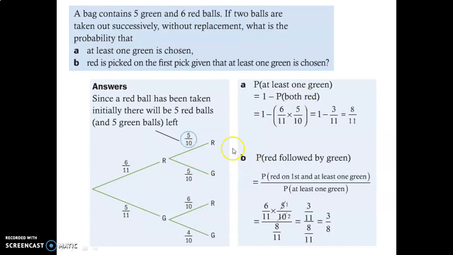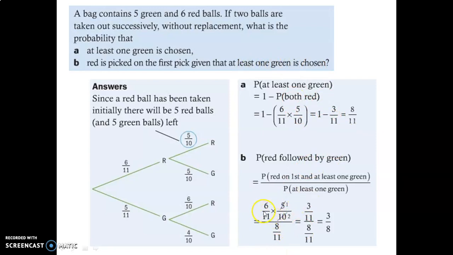And question B is an important one. We're looking at picks a green given that at least 1 green is chosen. So that's a dependent situation. And remember, when we have given that, the bottom of the fraction is the probability of whatever the given situation is. So given at least 1 green is what we found out in A, that goes on the bottom of this fraction, that 8/11.